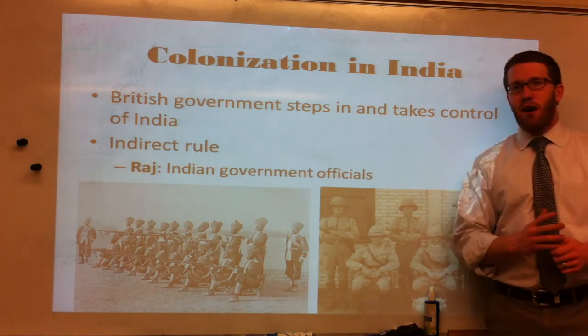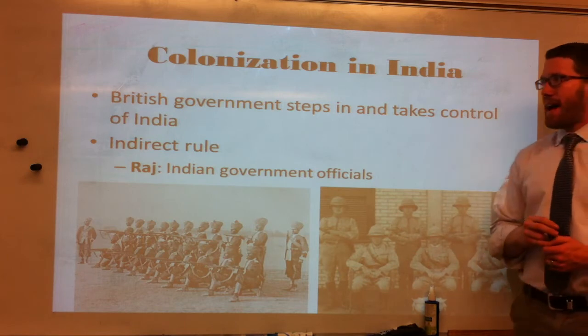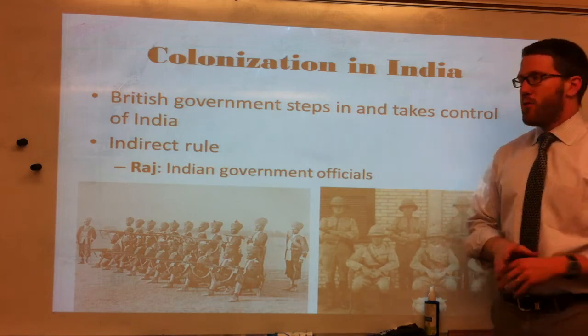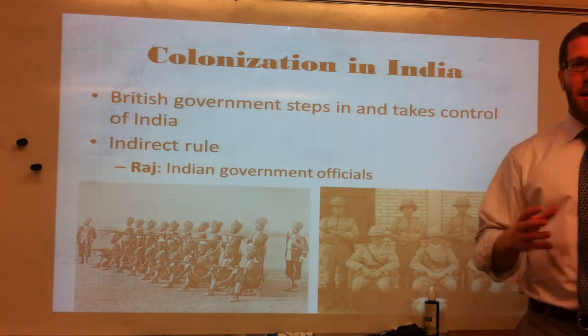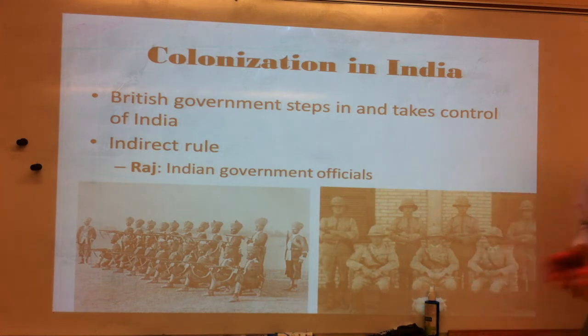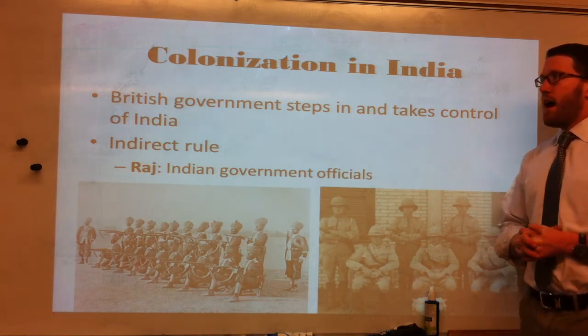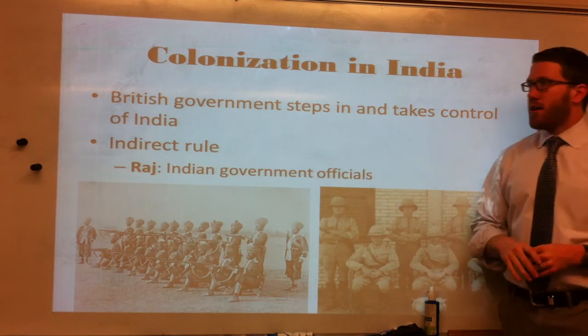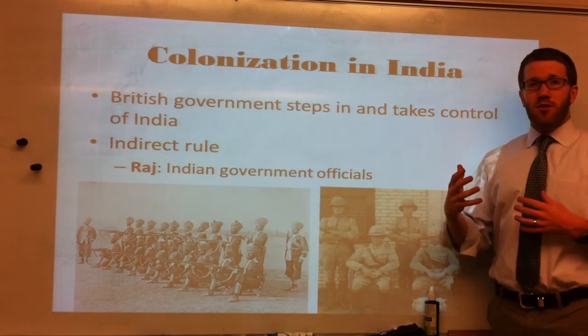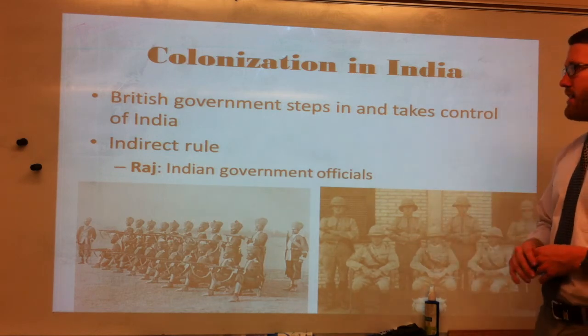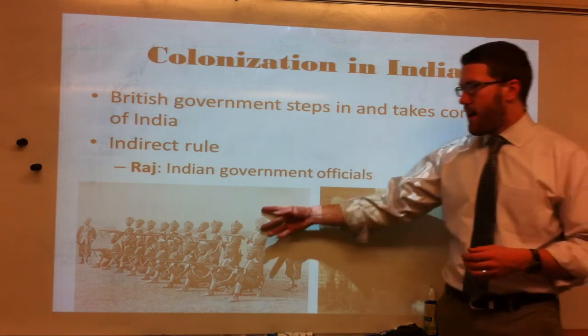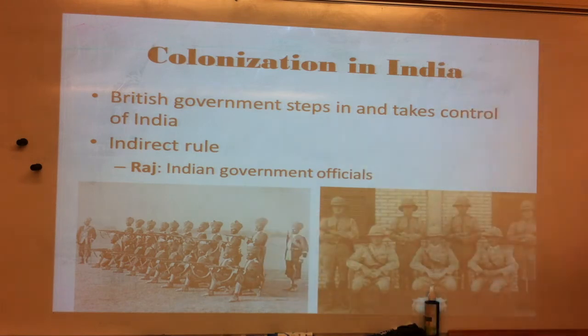The sepoys have a rebellion, and the British government has to step in. They put down the rebellion and take control, making India an official colony of Great Britain. They're going to use indirect rule, using local Indians to help them govern. This is very true of the Raj. Here you can see some local Indians that are participating in the government.